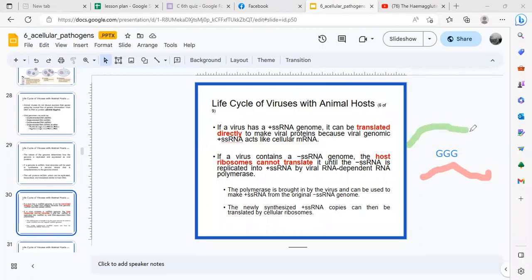So dun sa kabila, yung positive sense mo, gagawa ng replicate nung mga base pairs dyan, yung bases mo dyan. So, lalagay ka ng, so dun sa kabila, ito yung negative sense, tapos ito yung positive.